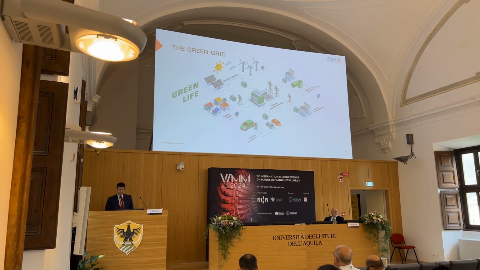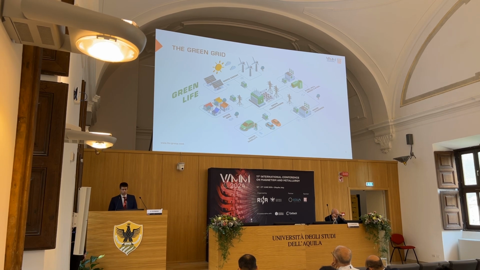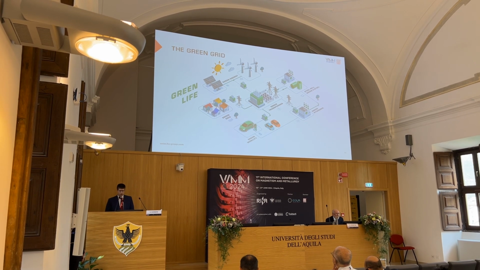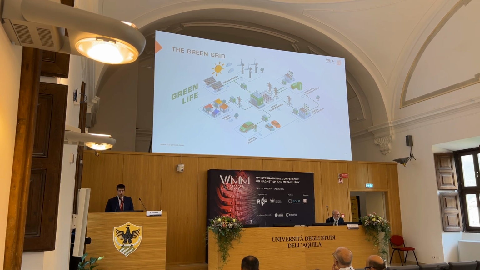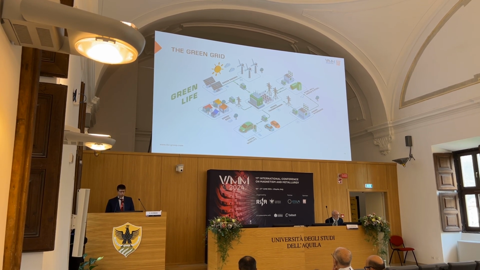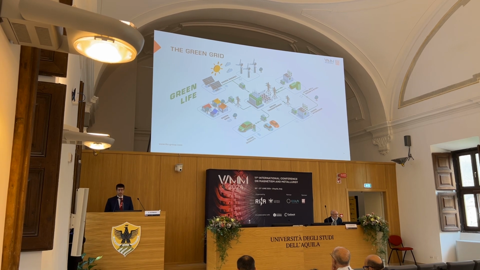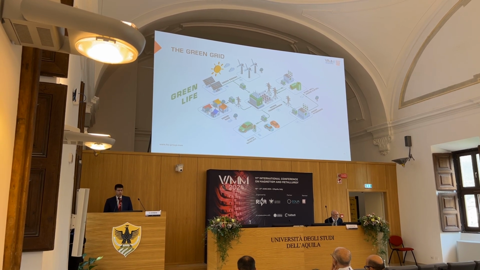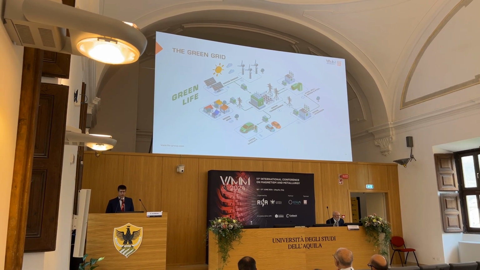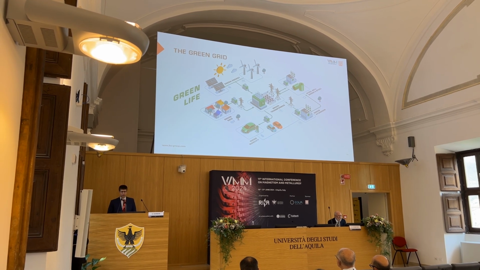We can see why we start with the goal of everyone, because the idea is that in the future we want to have a green grid. So everyone will have a green life, and how can we achieve the green life? Only if everyone is able to start from renewable energy and make the whole process a green process.